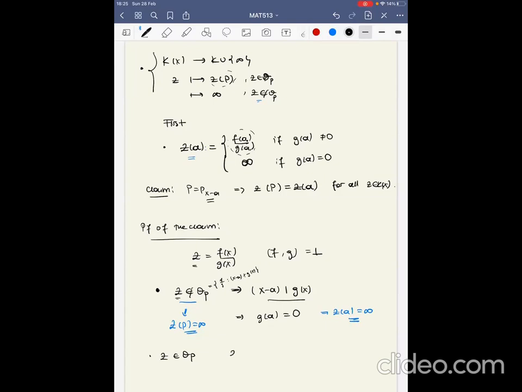To see that, let me write z(P) as f(x)(P) over g(x)(P), the evaluation of f and g at P. Our first claim is that the evaluation of f(x) at P is equal to f(a), and similarly the evaluation of g(x) at P is g(a).